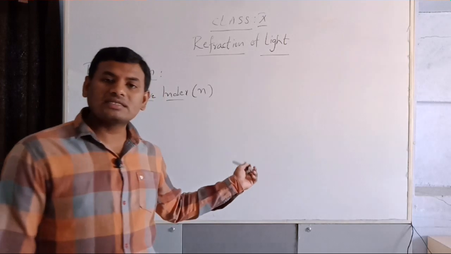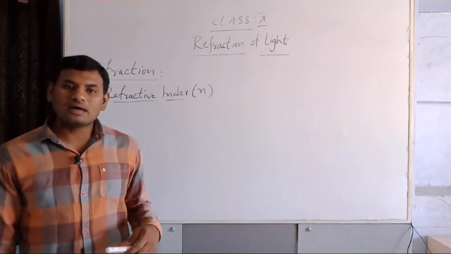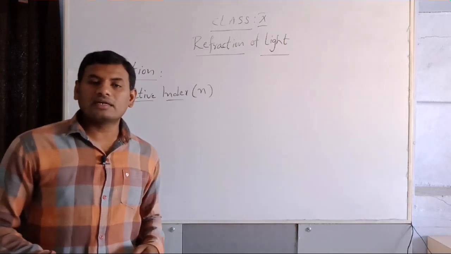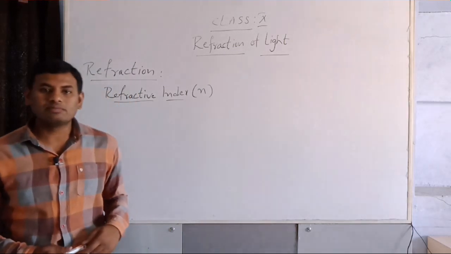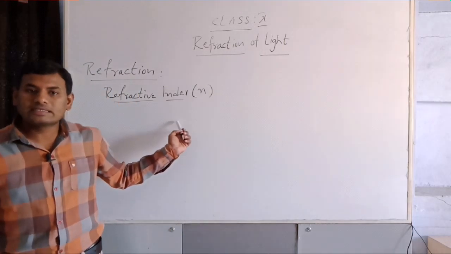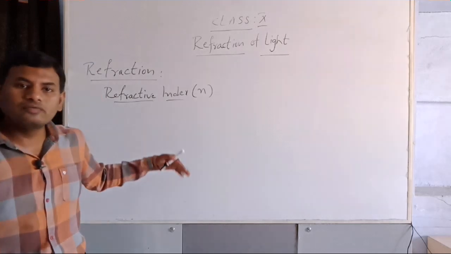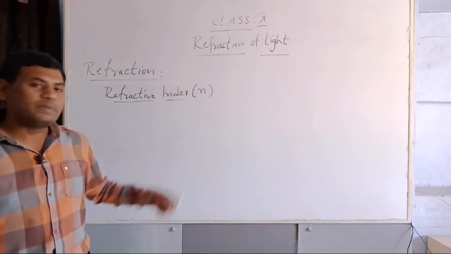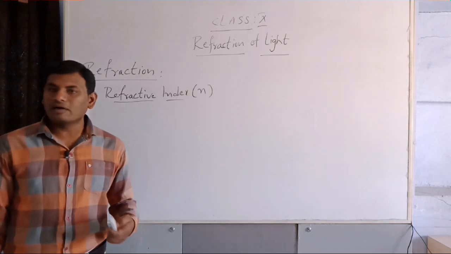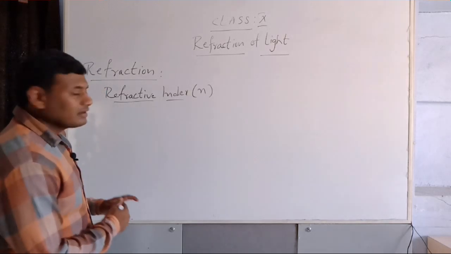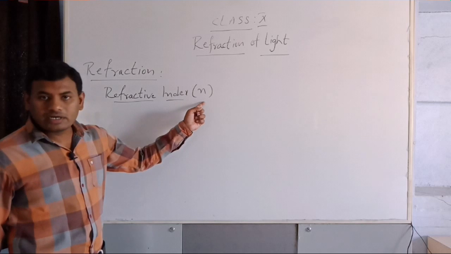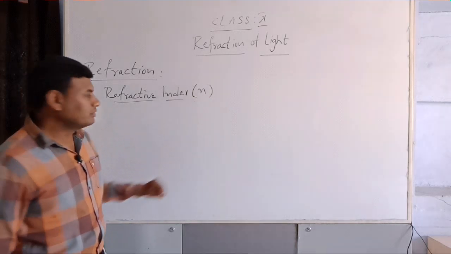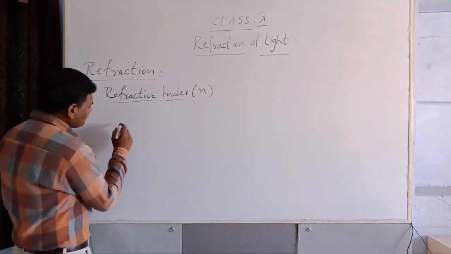We are saying that refraction is the process of bending of light, or change in path of light, when light enters from one transparent medium to another transparent medium. Now, refractive index says by how much the speed decreases, or by how much the bending of light takes place. Refractive index is denoted with the letter N or mu.